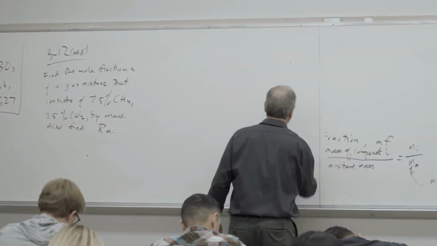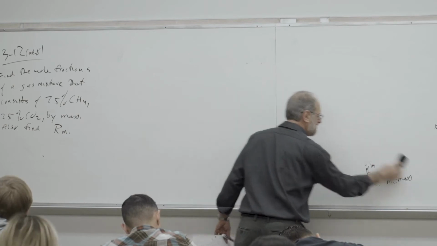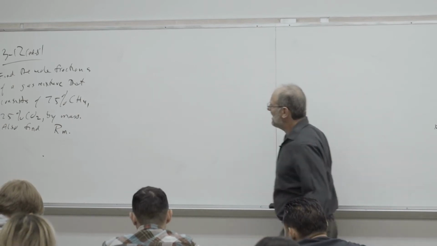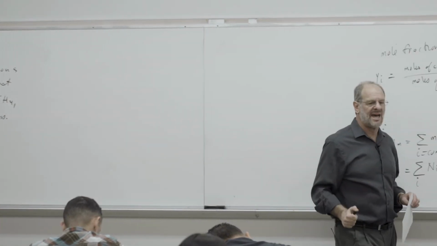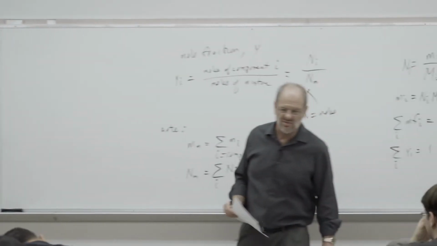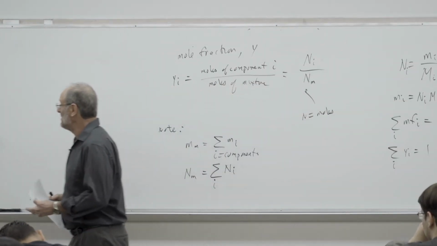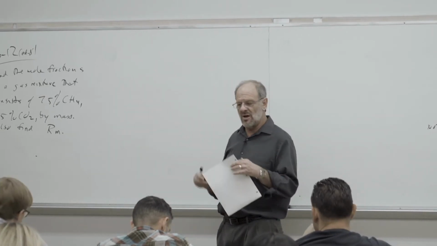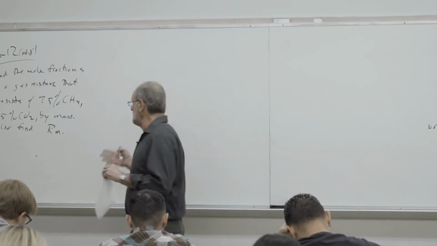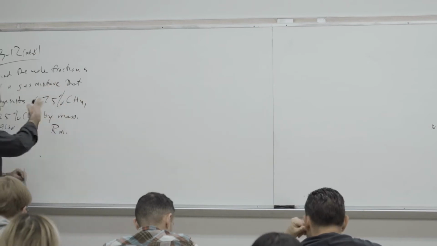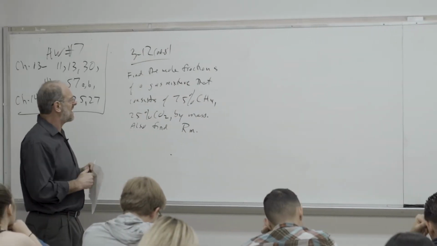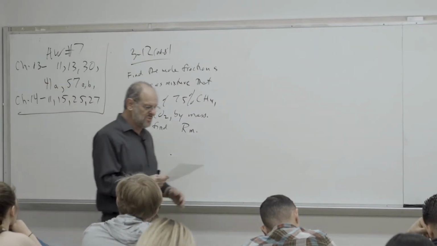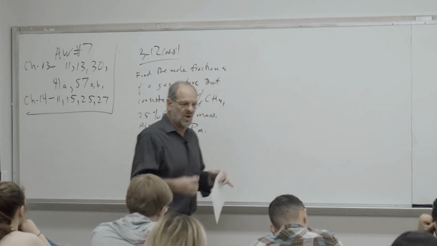Now, I might note, as we look at this problem, that they haven't actually given me the mass of the two components that make up this mixture. All they've given me are the mass fractions of the two components. Sometimes when you're given a problem like this, where you're given percentages, whether they're mole fractions or mass fractions, we use a device for solving the problem.